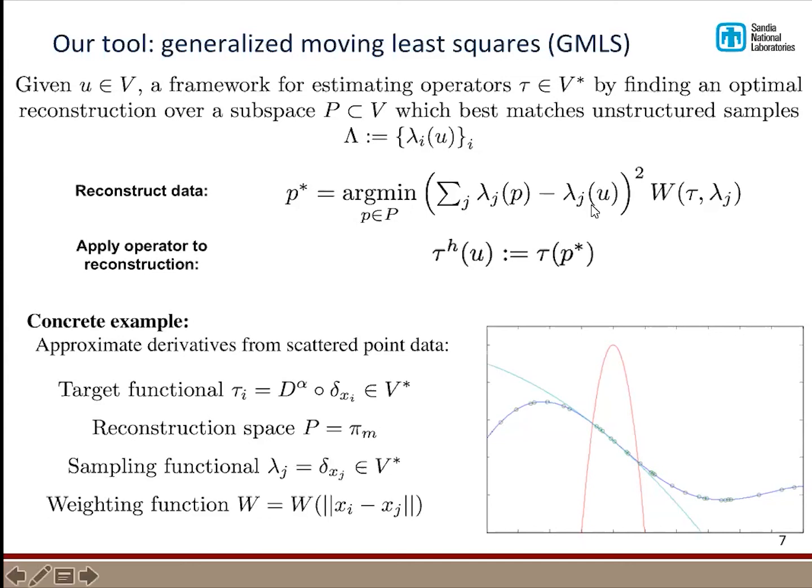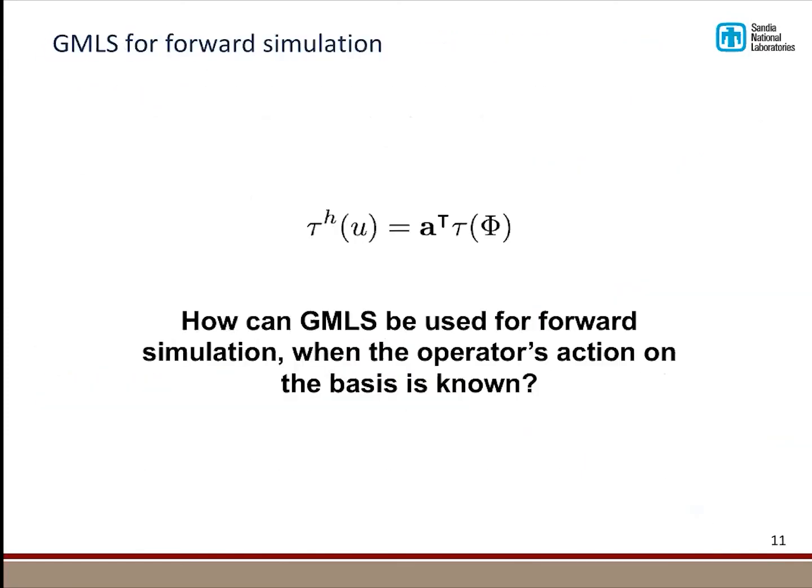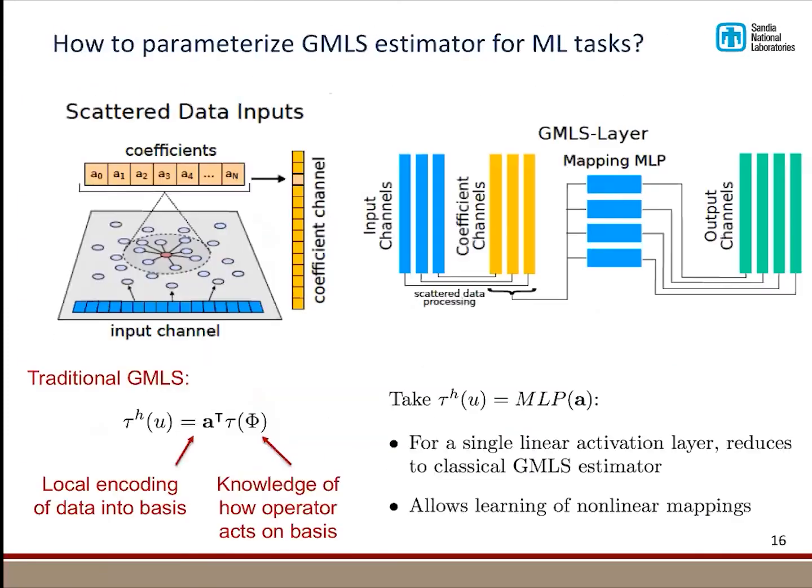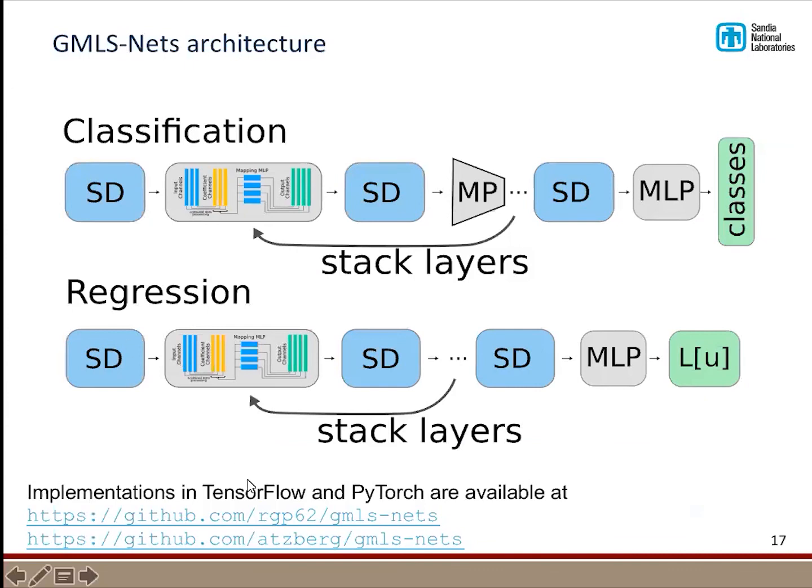You can do this once for all of your data and then save it, and then for every step of gradient descent, for example, it doesn't have to resolve this over and over again. In the TensorFlow and PyTorch implementations that we have online, you can see that's exactly how we have it set up.